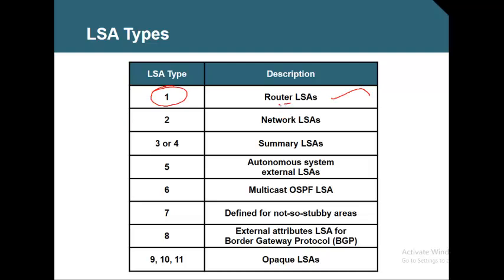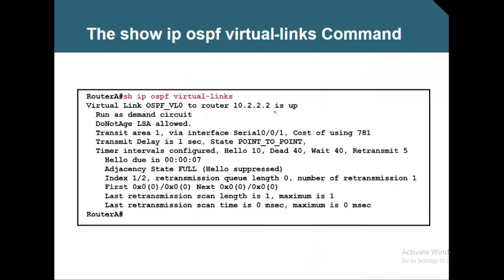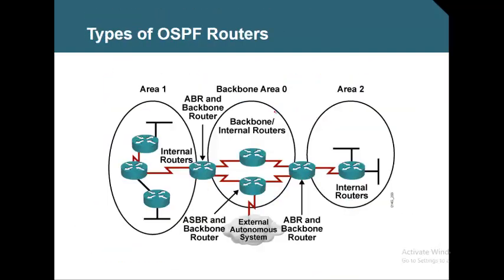That is why they have named it router LSA. Every router, whatever the role they may do, for sure they will be sending this particular advertisement, which is called router LSA. Any router you take in this topology, they will definitely send type 1 LSA. LSA type 1 called router LSA.